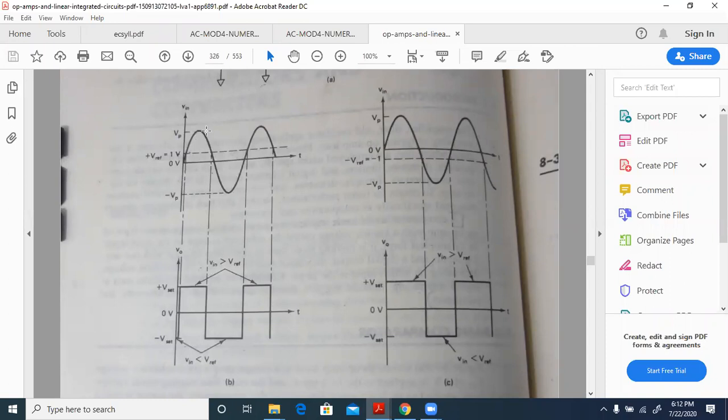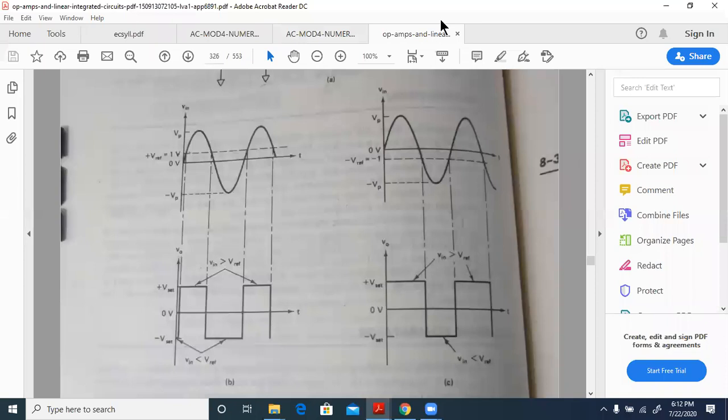Because it's a sine wave, it's not a triangular wave. If it's a triangular wave, then it will be exactly half. Because it's a sine wave, it might be a little more than half of the positive portion of the waveform. It will be high. For the rest of the portion, it will be low only. It will be bigger than this portion because we are in the middle.